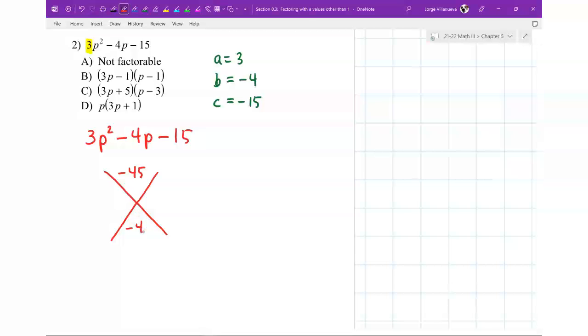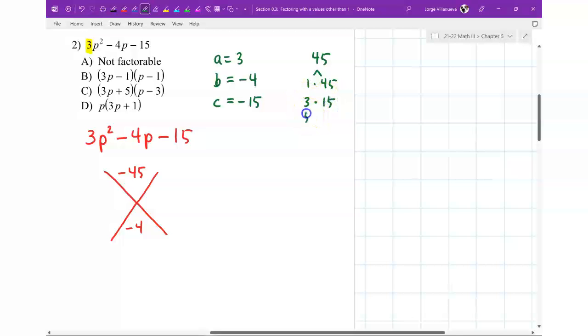All right, so I need to find the factors of 45, okay, and whatever those two factors are that I use for 45, they need to multiply to 45, and then they need to add up to 4. So let me list the factors of 45. Okay, 1 times 45, right? 3 times what? That's 15. That's 45. 5 times 9. And that's it.